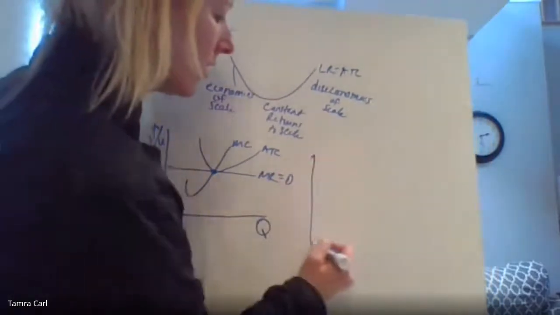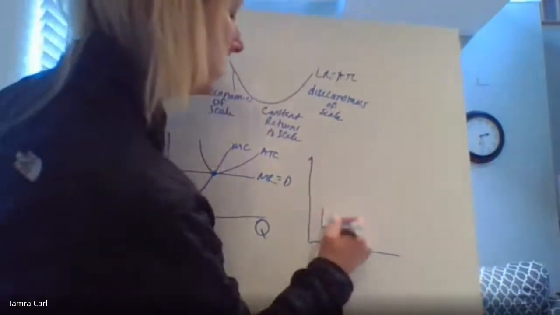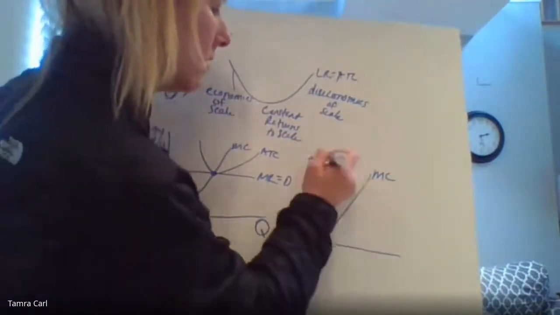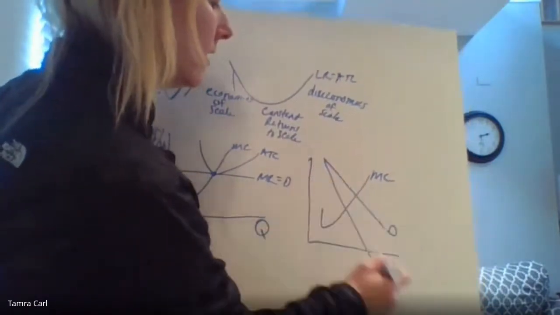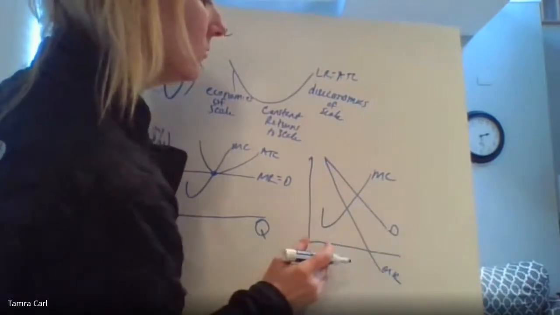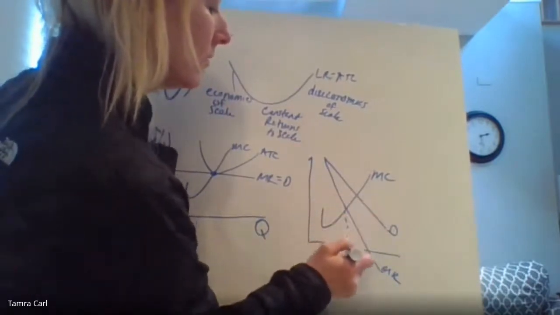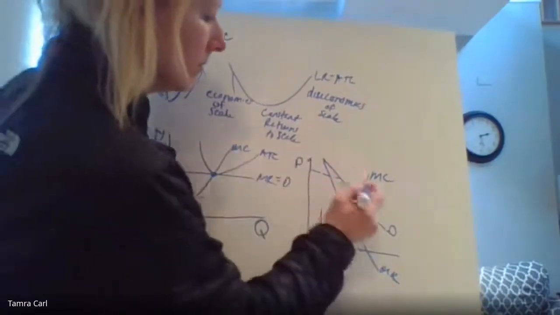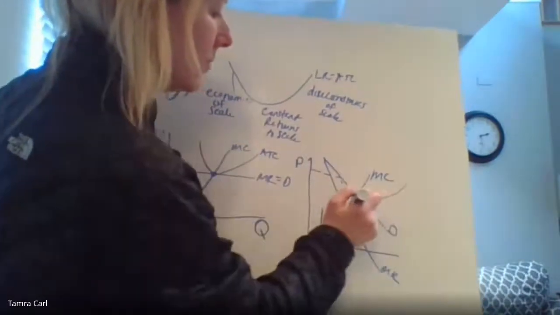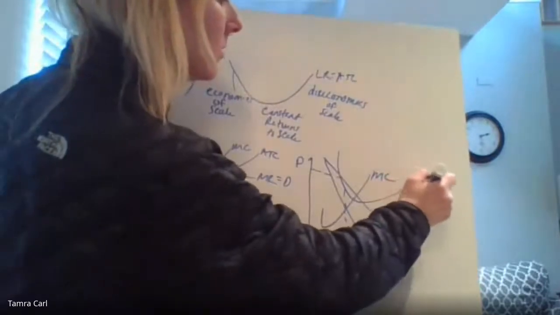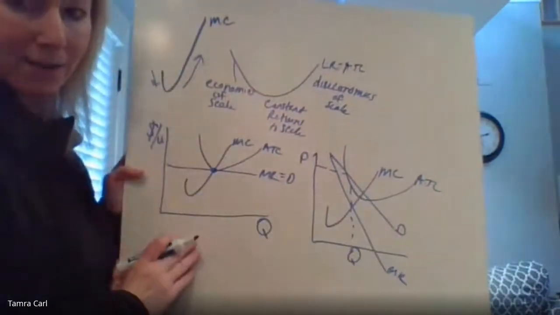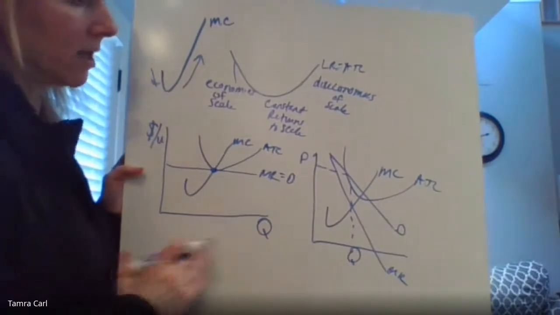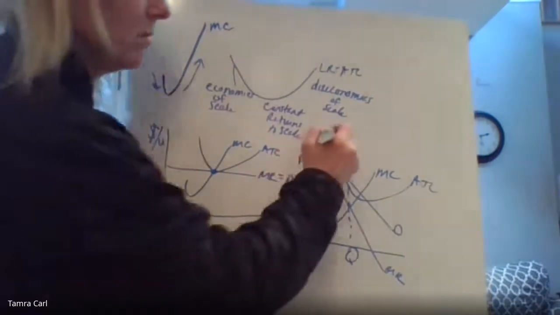If I were to draw here, let's draw a monopoly in the long run, right? We've got our demand, we've got our marginal revenue. There's my quantity and my price. Let's allow them to have their economic profit. What is happening in the long run to the ATC curve for this monopoly?